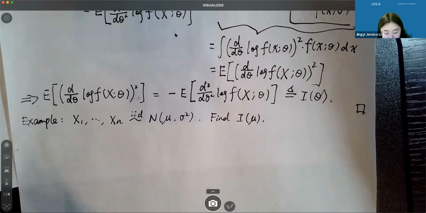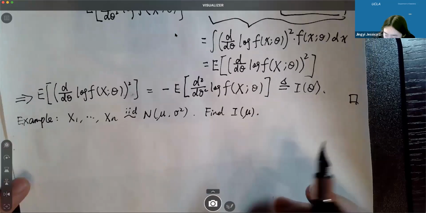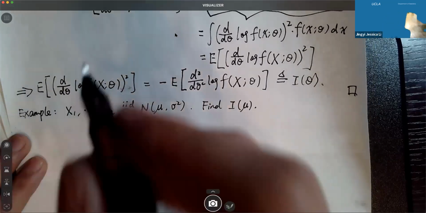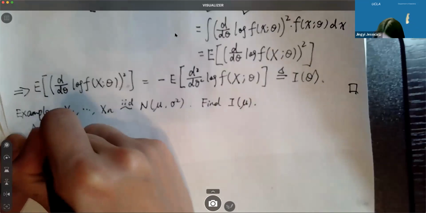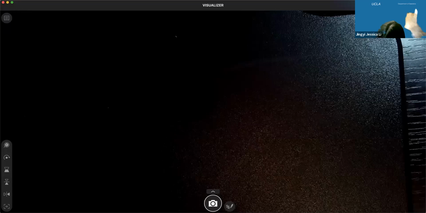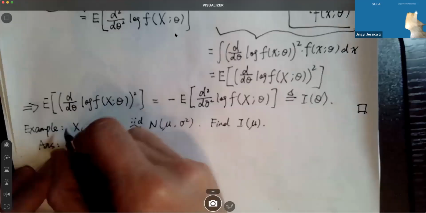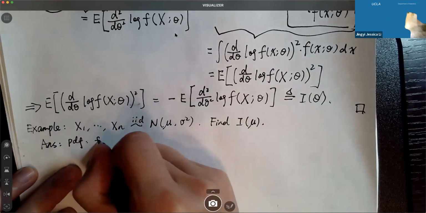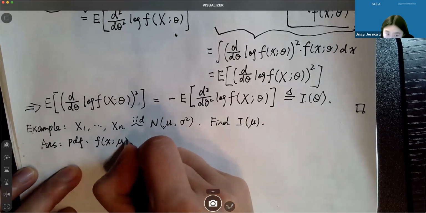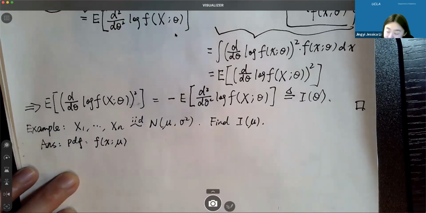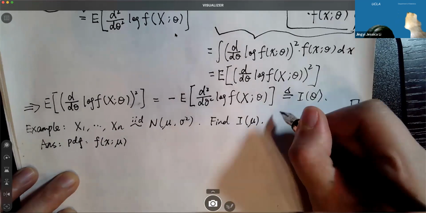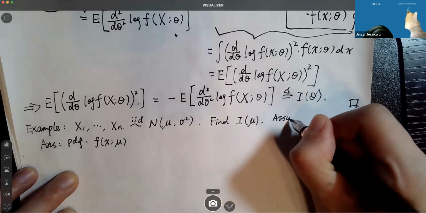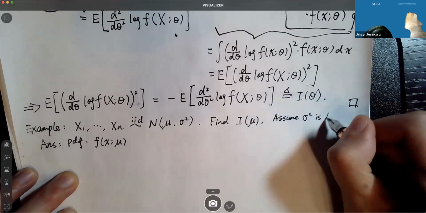So how do we calculate it? Let's go to the density function, the PDF. We are only concerned with mu, so let's pretend sigma squared is known for now.